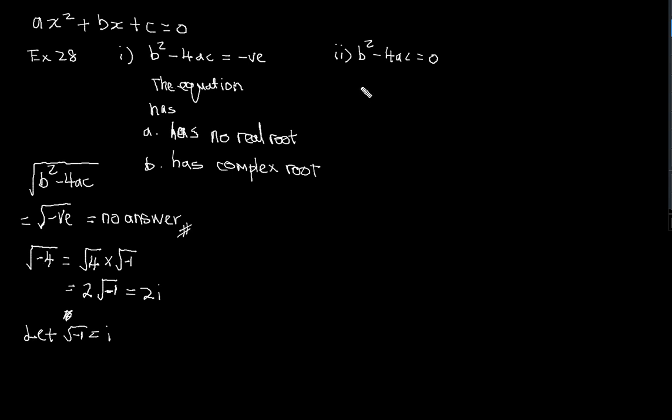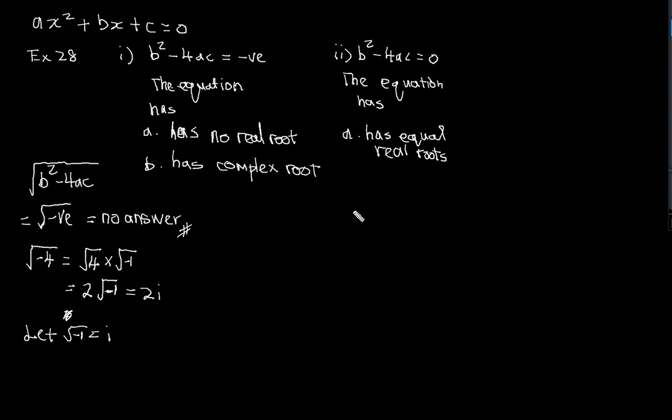Now, in this case, based on exercise 28, the equation has real roots, equal real roots. There's still an s. Now what does it mean?